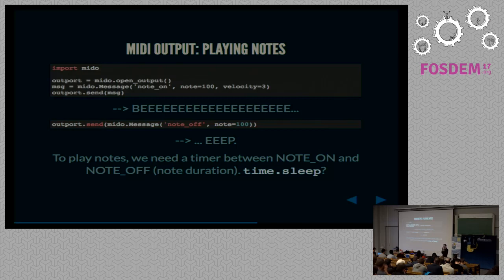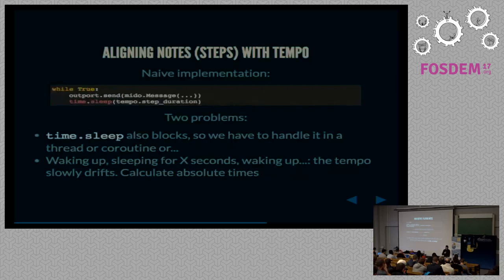So to play notes in a human sense, we have to have a timer between note on and note off, which corresponds to note duration. So we can do that maybe with time.sleep.